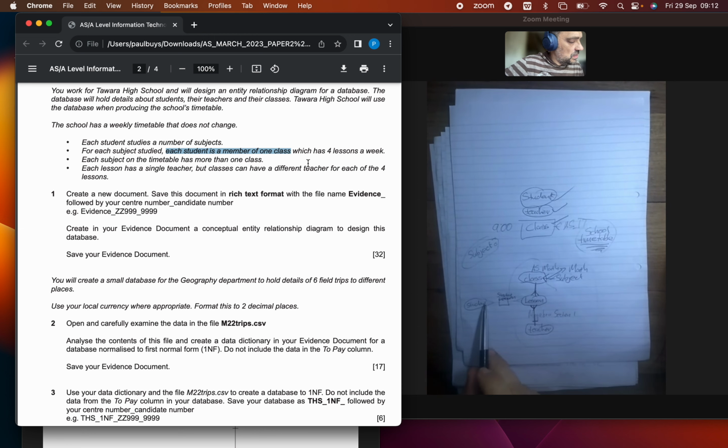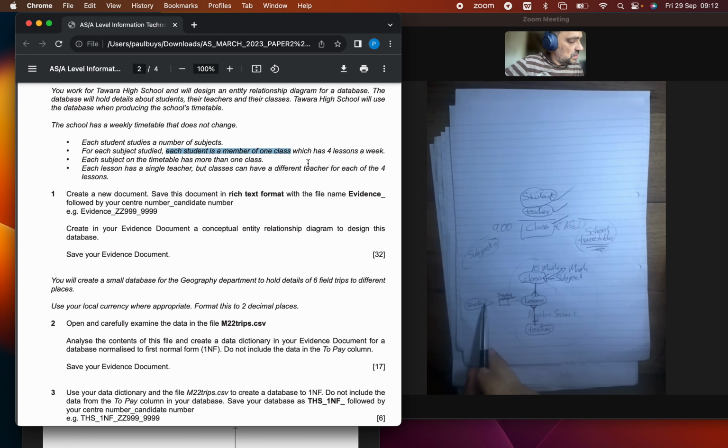We've got to connect it to lesson, so let's bring the lesson in. Okay, so we've got to connect the lesson to class, and so remember the foreign key goes on the child, the way the data goes downward, the foreign key is here.